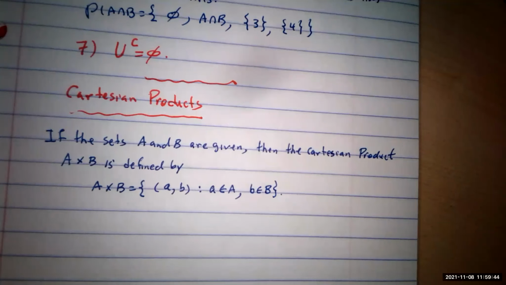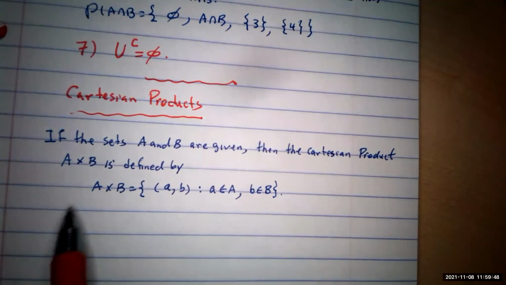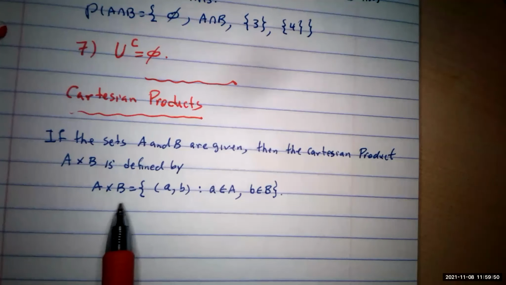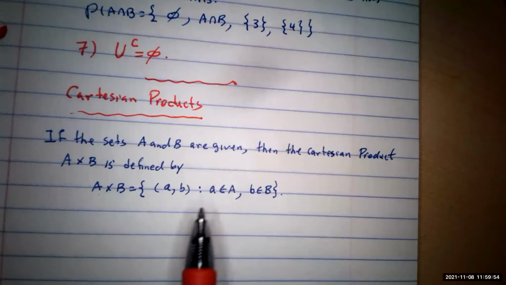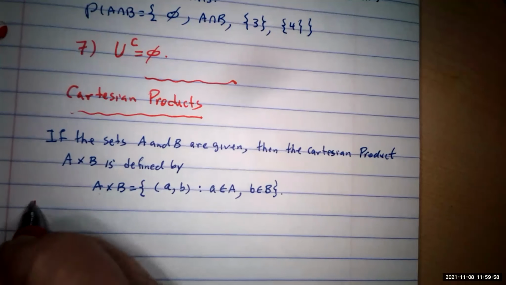Okay, just to remind you again, if A has 2 elements, B has 3, then altogether they have 2 times 3, 6 elements. We did it before.